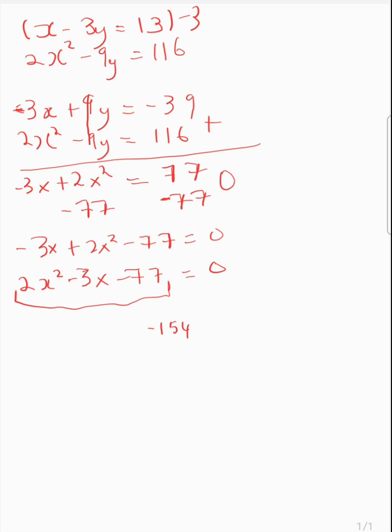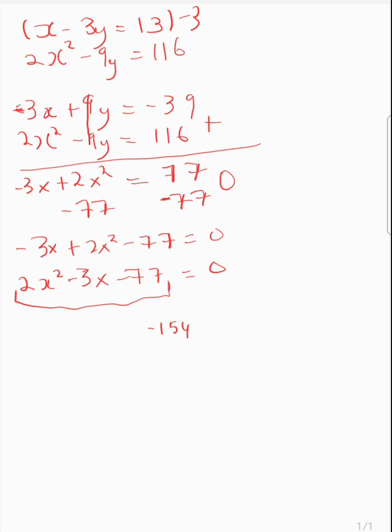Then you want the two numbers that when you multiply them, you get minus 154, but when you add them, they give you minus 3. There are many, so I'm just going to use trial and error with 154.